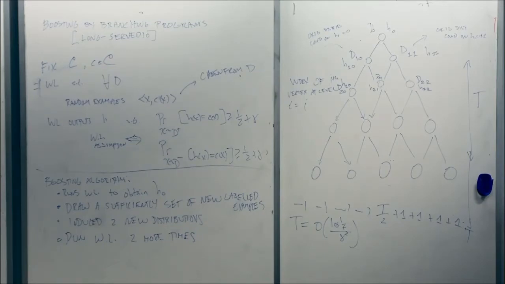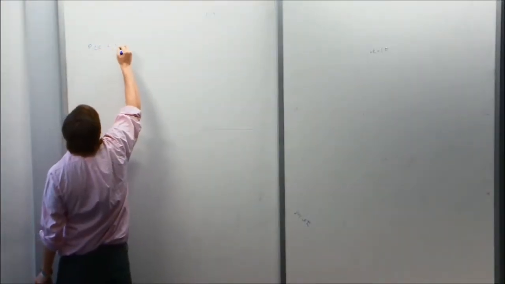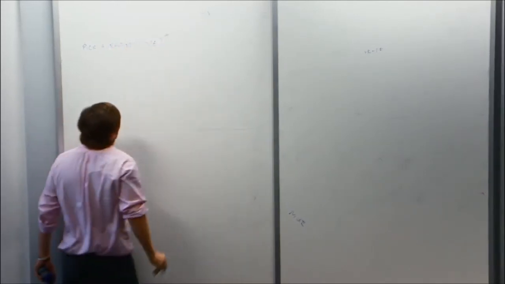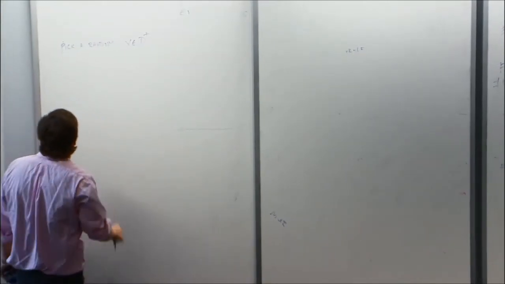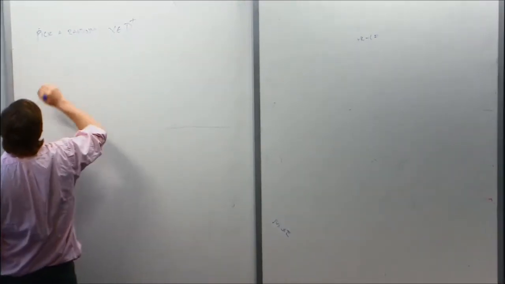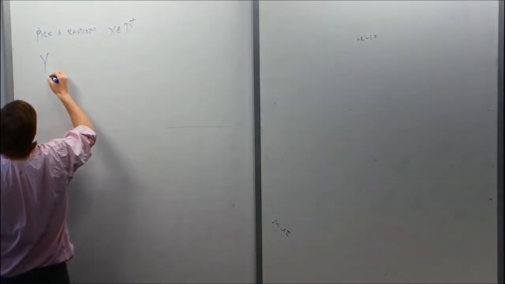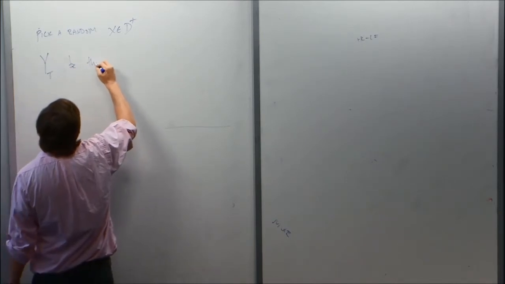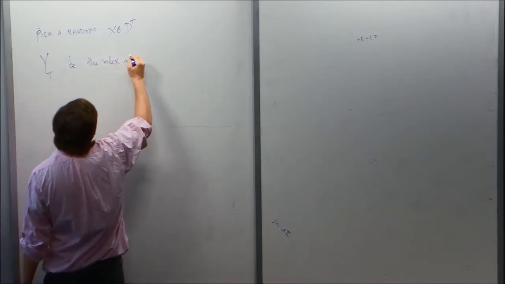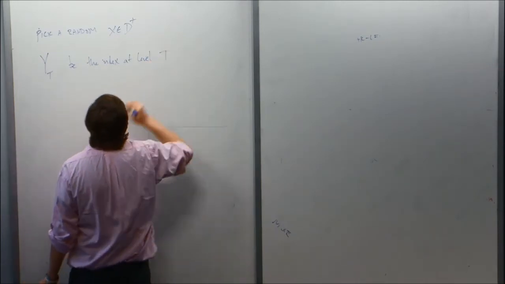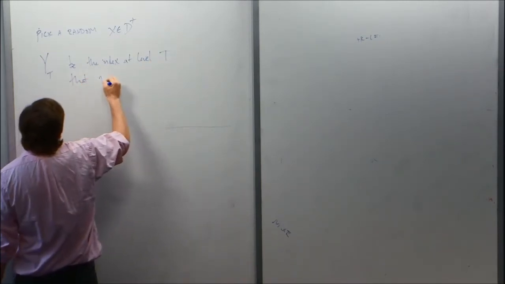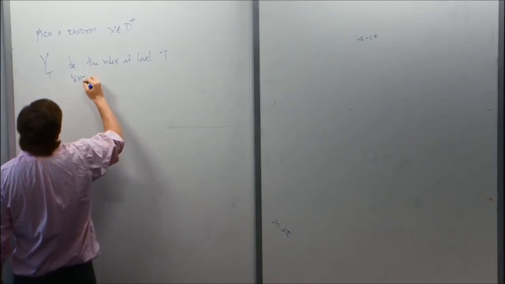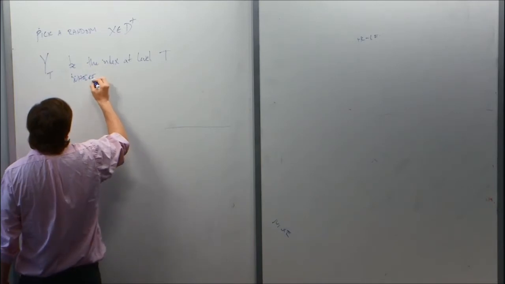Okay, so let's pick a random x from the positive part of the distribution. And let y sub t be the index at level t where x ends up.